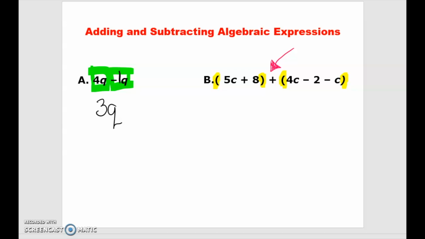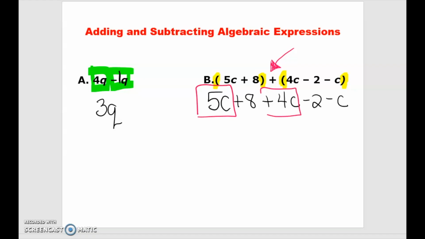So this just becomes 5c plus 8 plus 4c. We keep the subtraction, minus 2 minus c. Now I'm going to box all the terms that have a c. So notice when I box the 4c, I include the plus sign. That way my brain doesn't forget that that's a positive 4.